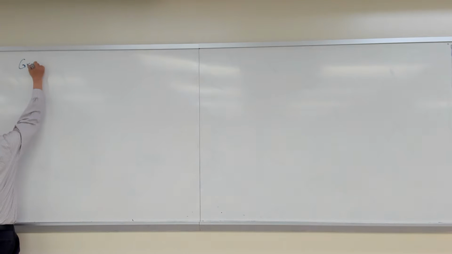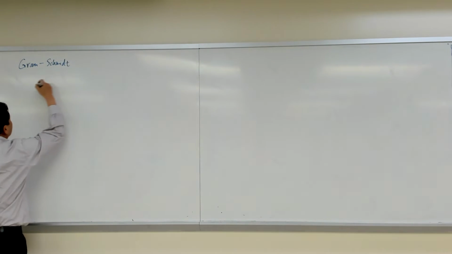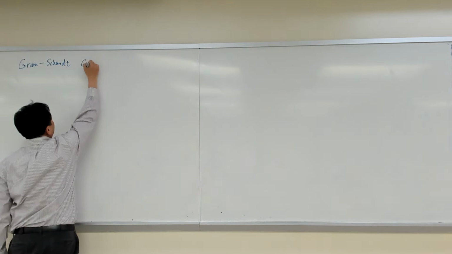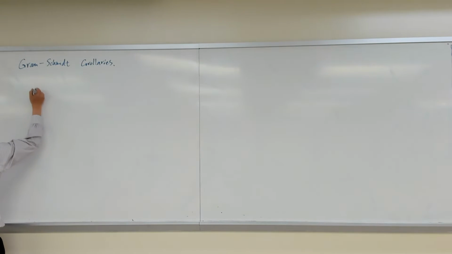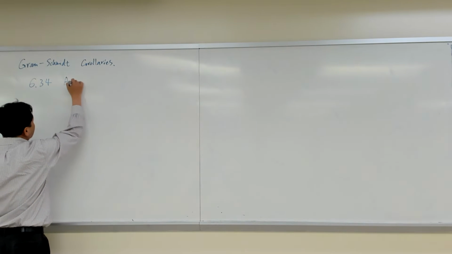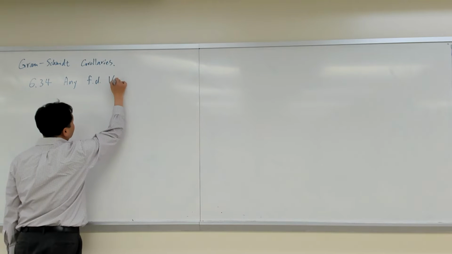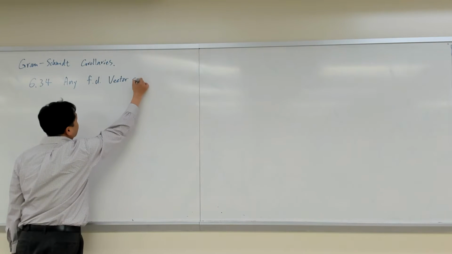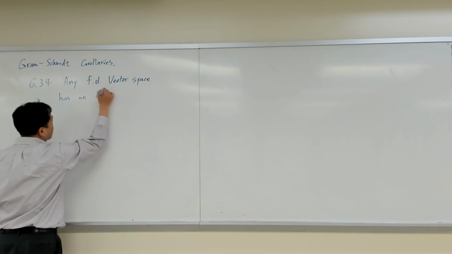Okay, so Gram-Schmidt has some corollaries. 6.34 says any finite dimensional vector space has an orthonormal basis.